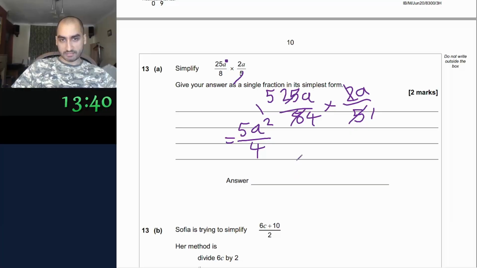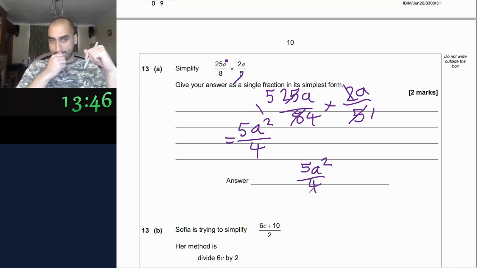Single fraction in its simplest form: 5A squared over 4.